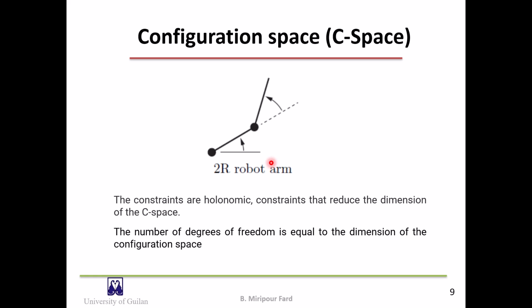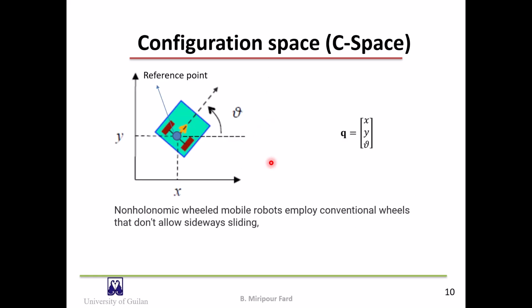These joints have imposed holonomic constraints and decreased the dimension of configuration space as well as the number of degrees of freedom to 2. So we can say that holonomic constraints reduce the dimension of the C space. It should be noted that in the case of this robot, the number of degrees of freedom is equal to the dimension of the configuration space, which is 2.